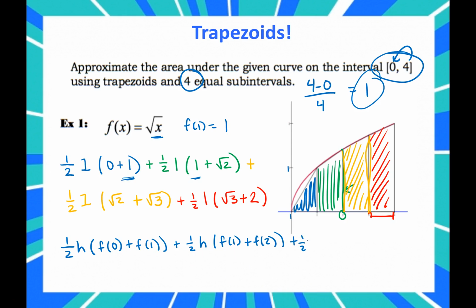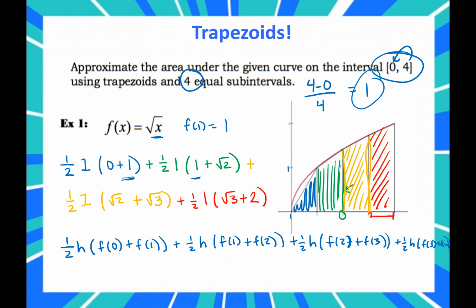Plus 1/2 the height times f of 2 plus f of 3 plus 1/2 the height of f of 3 plus f of 4. Whoops, ran out of room there. Okay.